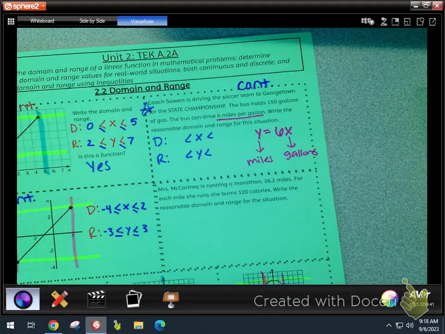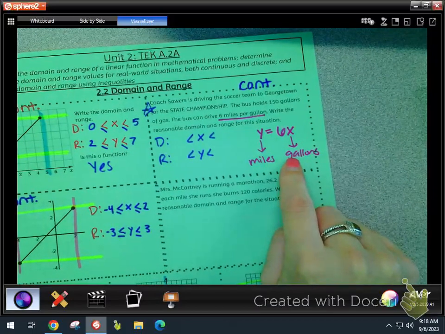So however many gallons of gas we have, we know we can go 6 times that. We can drive that many miles, okay? So you really want to know what X represents and what Y represents. It's kind of tricky. So I always think going back to the equation is going to make a little bit more sense. So let's talk about domain.